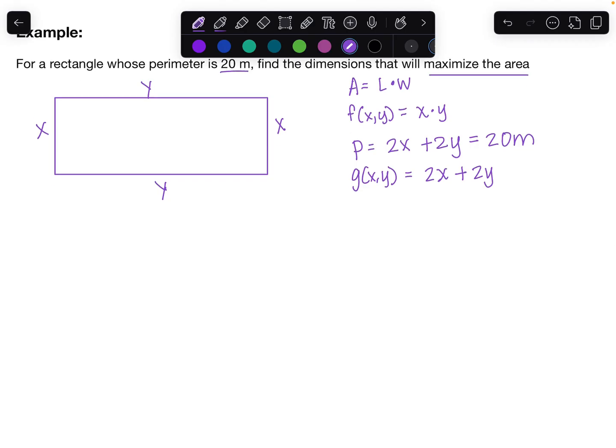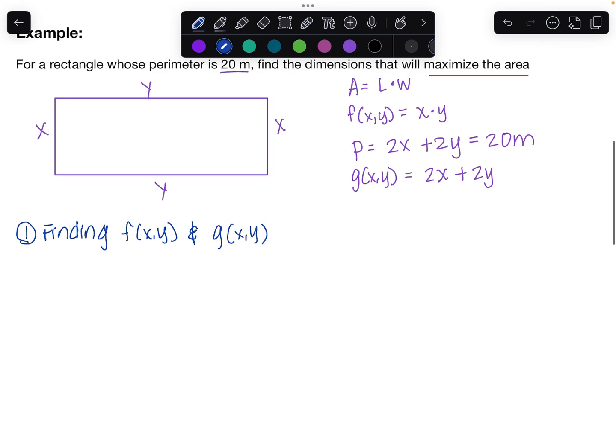So the first step we're going to do is finding f of x and g of x, which we already did here.